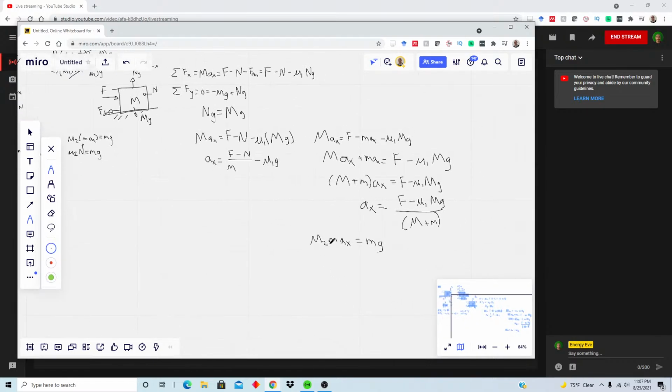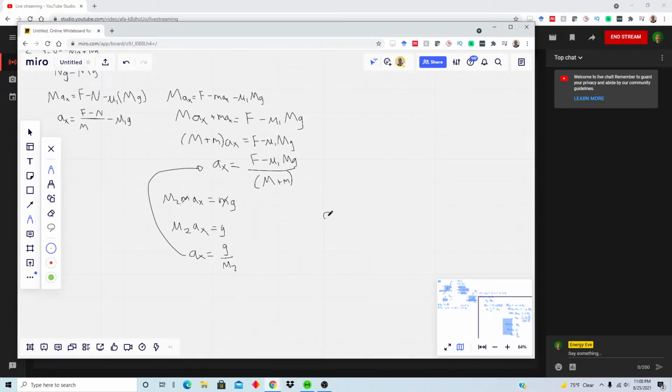So one thing we see right away is that these m's cancel out. We get mu 2 ax is equal to g, and so we can say ax is equal to g over mu 2. We could plug this in on this side, and then we get g over mu 2 is equal to F minus this.